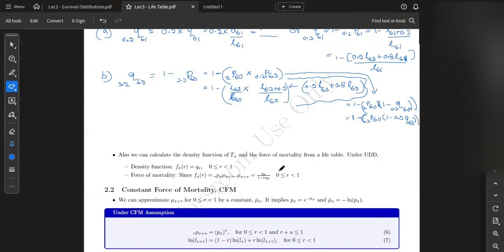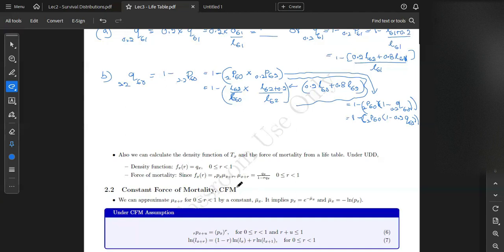And here, since the density function is uniform, we need to consider the function for the entire interval from 0 to 1. That means as soon as you see a UDD assumption, the density function for that fractional age, for the given interval from 0 to 1, is just the death probability from X to the next 1 year. So that's the meaning of this.